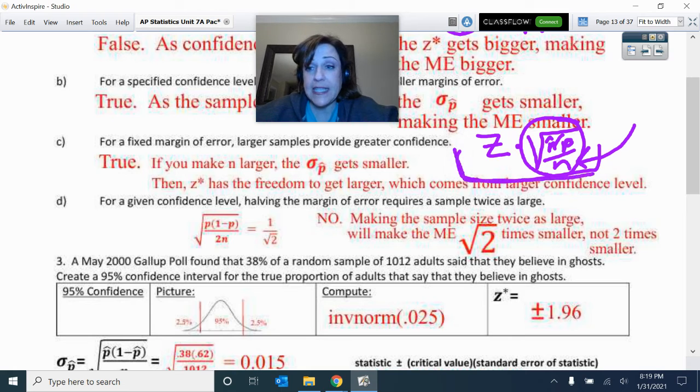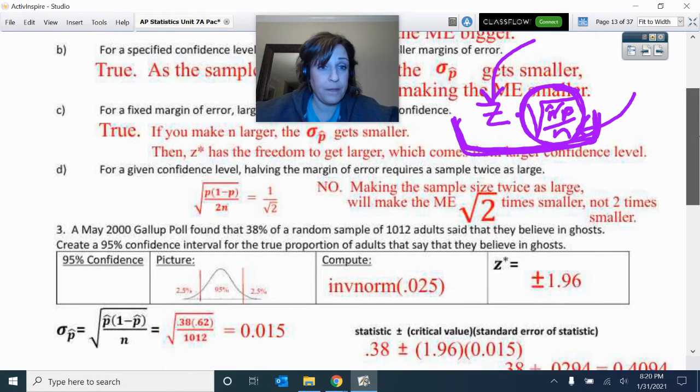But for a fixed margin of error, this product stays the same. So if this number gets smaller, then this number is allowed to get larger. So yes, z's critical value has the freedom to get more confidence.